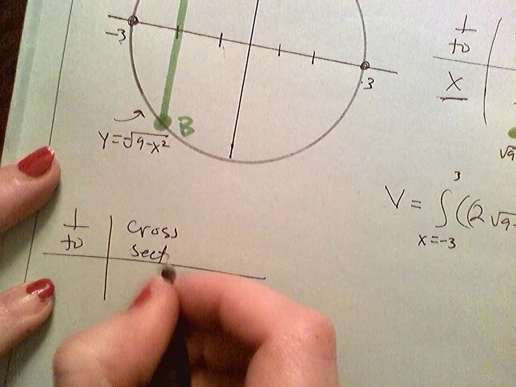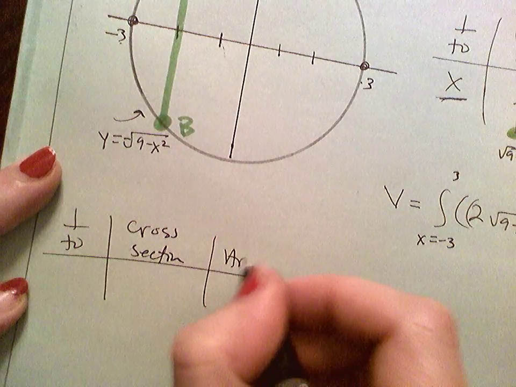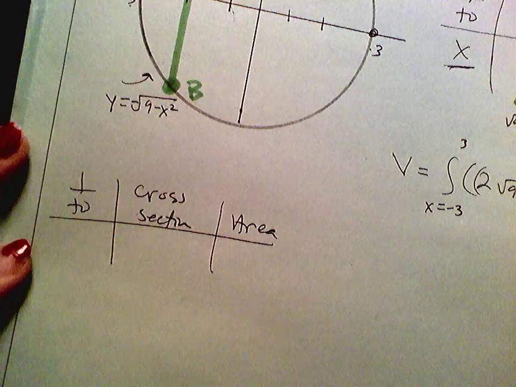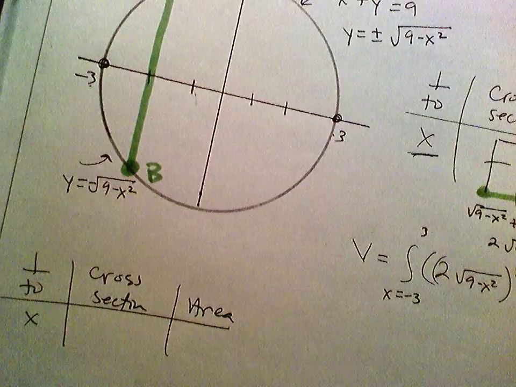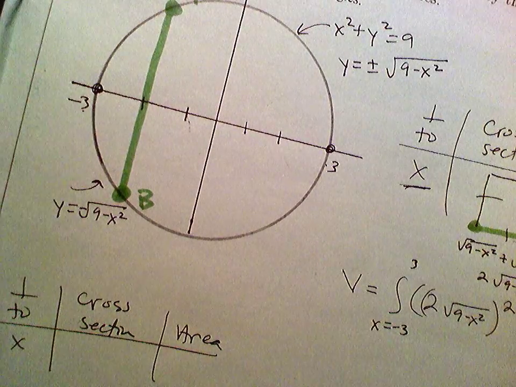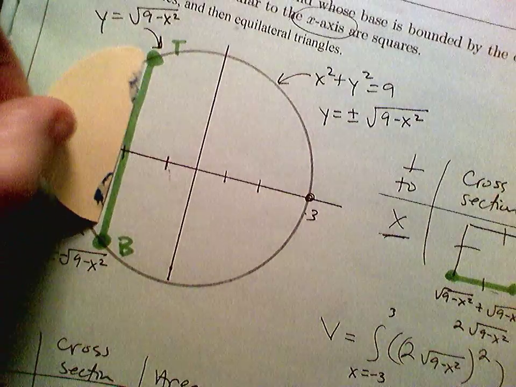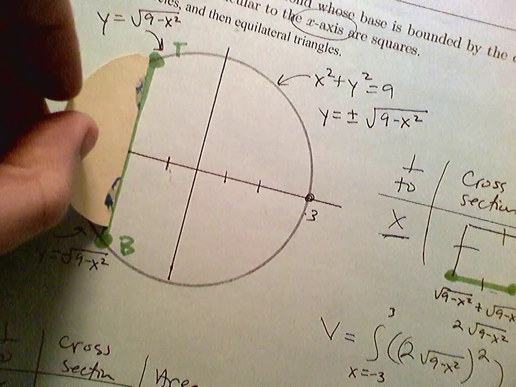Cross section and area. Okay, so again, we're perpendicular to the x-axis, so still everything is in terms of x. Now this is my cross section. I'll use that same green line.